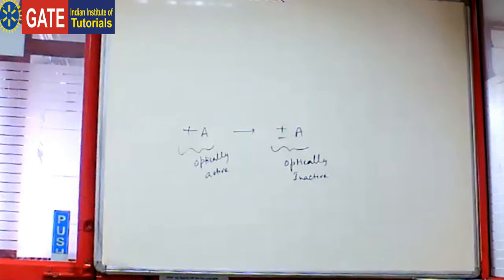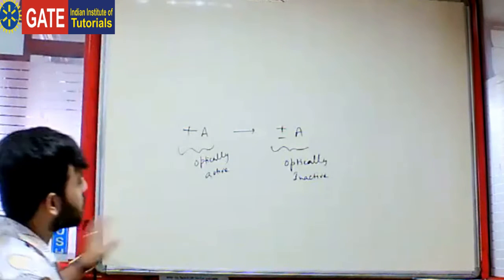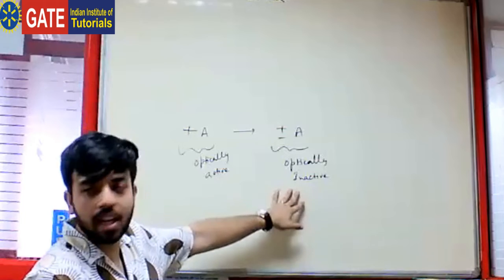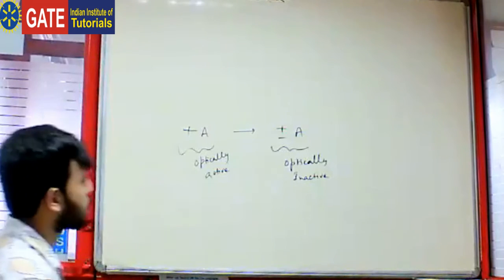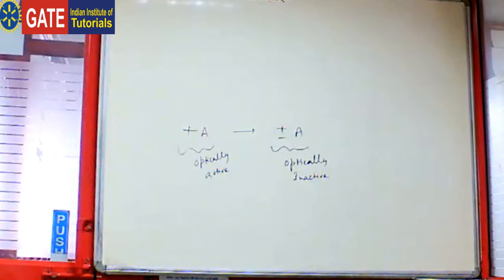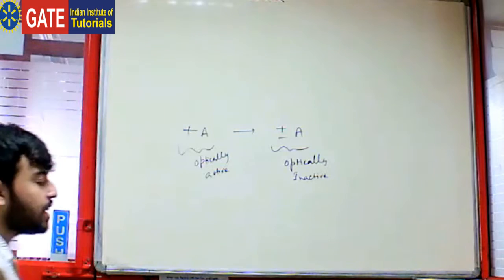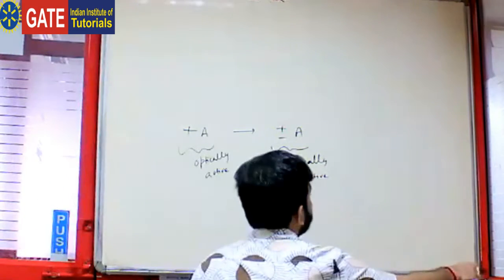So remember, this is called the process of racemization. We discussed this. Now there are different ways for racemization.